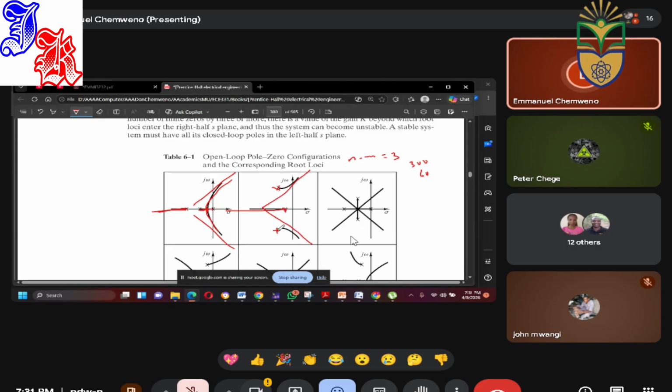And then angle of takeoff, you see, it doesn't go straight. It takes off at some angle first. It goes through and then it turns like that. It comes and then it turns like that.